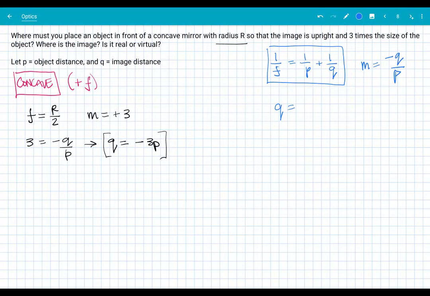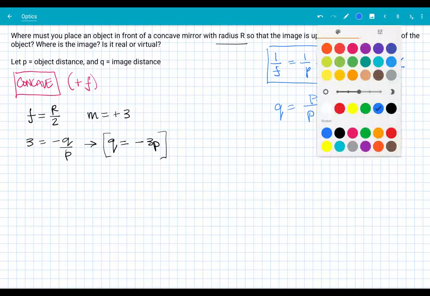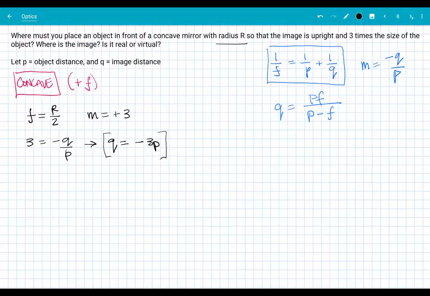When I solve for q, I get the product p f over p minus f. You want to be sure you're comfortable doing that. So that is what I'm going to apply here. I'm solving for q. q is equal to pf over p minus f.